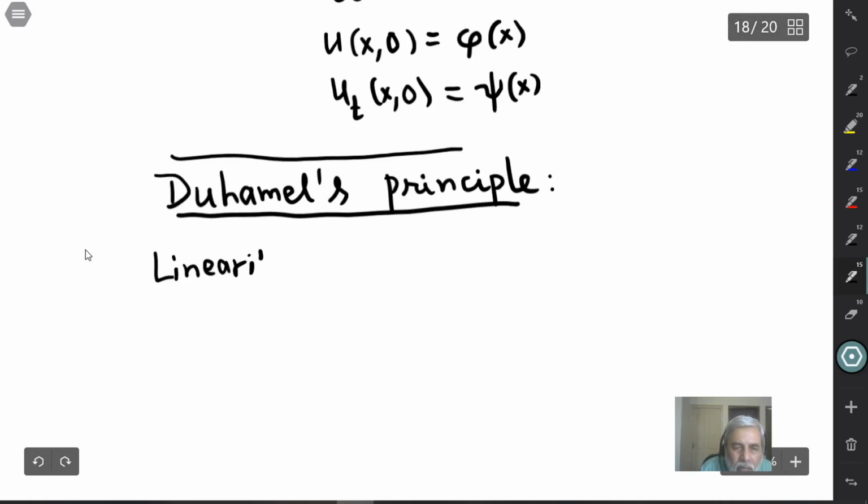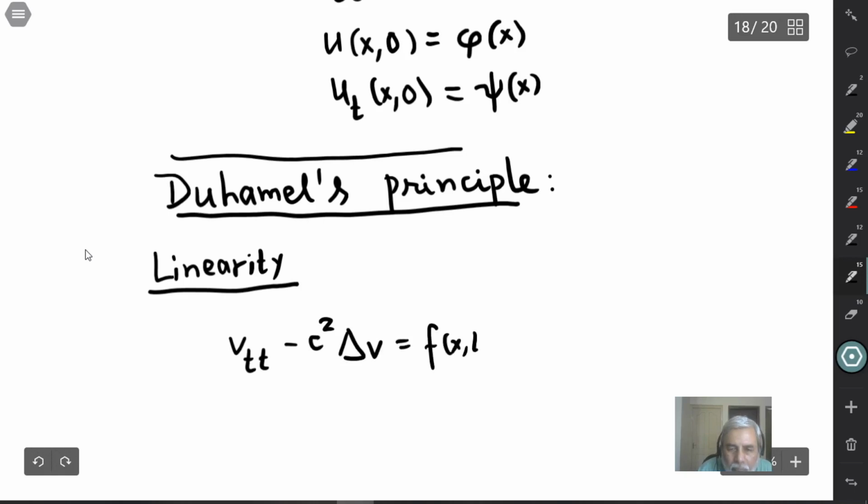So we consider two problems. One is the inhomogeneous equation with zero initial data.